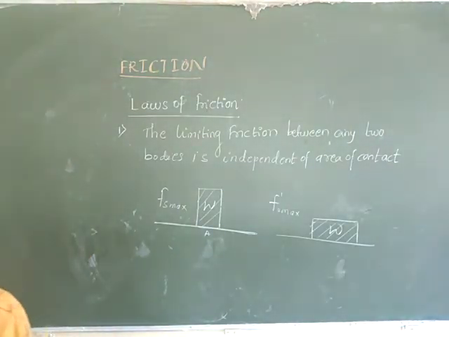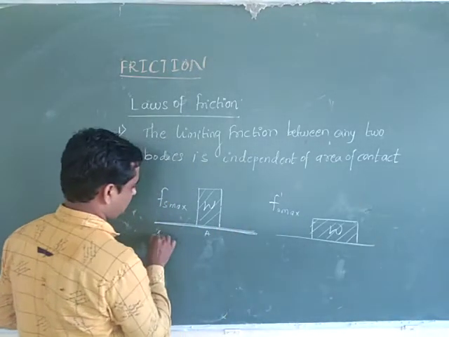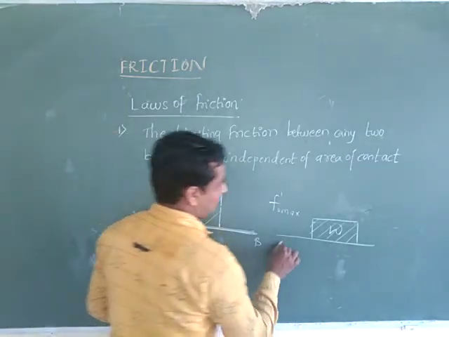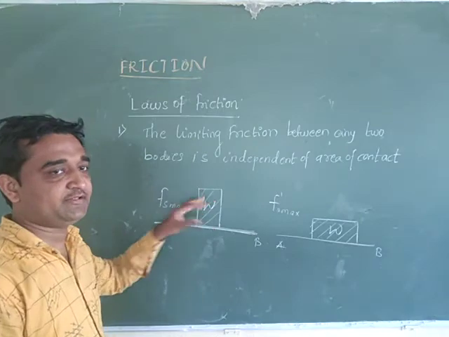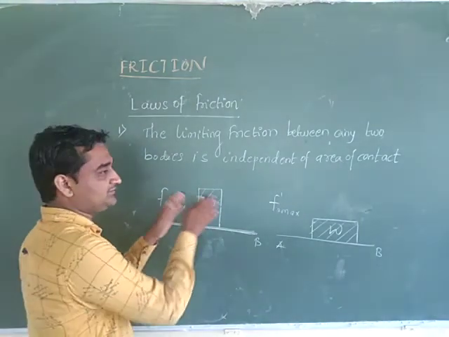You can see in the figure here, we have a wooden block of weight W which is placed on the surface AB. This is the surface AB, right? We have the wooden block of weight W which is placed on the other surface.